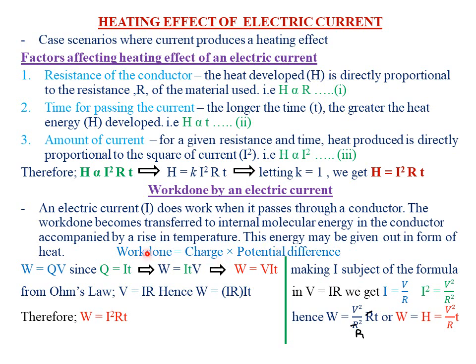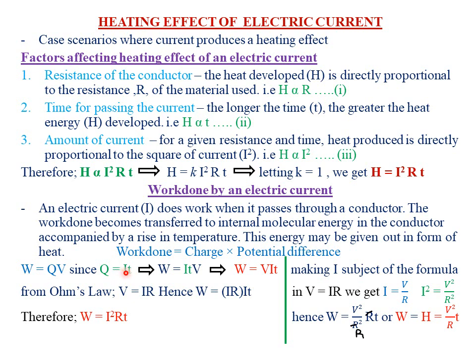So the work done, which is W, will be equal to the charge, which is Q, multiplied by the potential difference, which is V. But from cells and simple circuits, the last topic under Form 1 work that we have covered on this channel, you can just refer. We did say that the charge Q is equal to the product of current and the time for passing the current through that particular conductor.